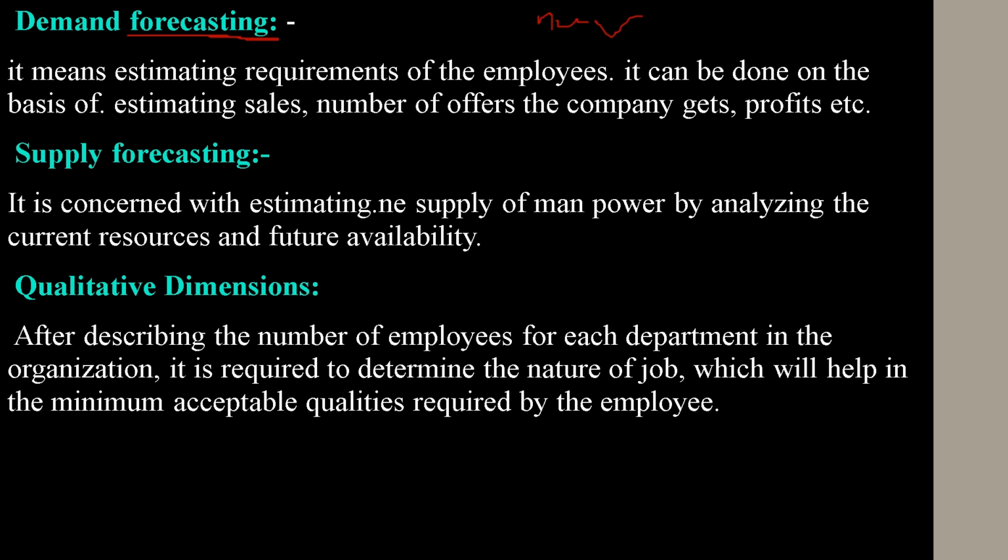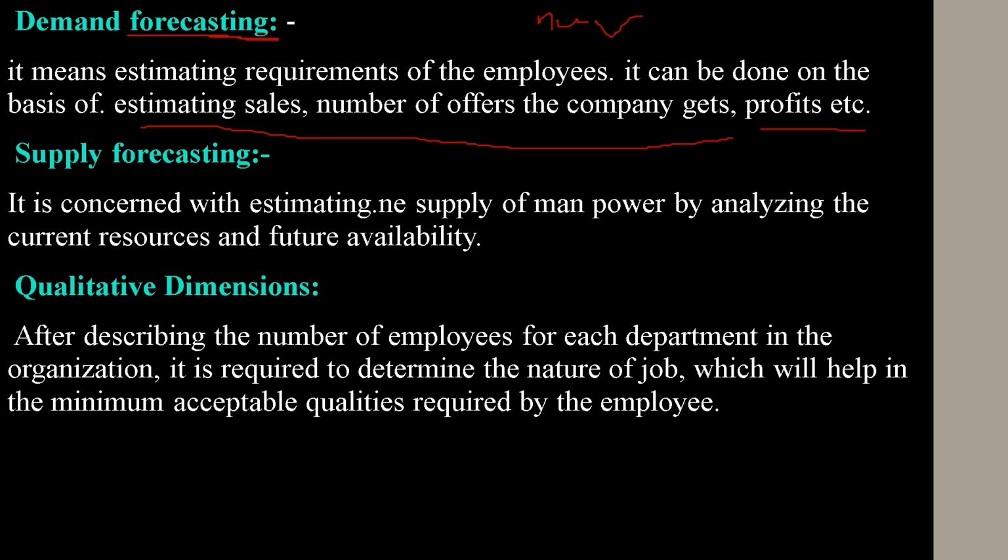So demand forecasting means we estimate the future requirement of the employees. That means how many employees we need in future, 10, 20, 30, etc., whatever it is, based on the offers the company gets and also the sales estimation. See here, it means estimating the requirement of the employees. It can be done on the basis of estimating sales, number of offers the company gets, profits, etc. Right?